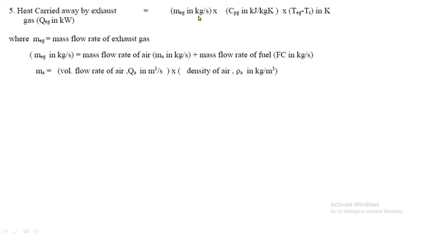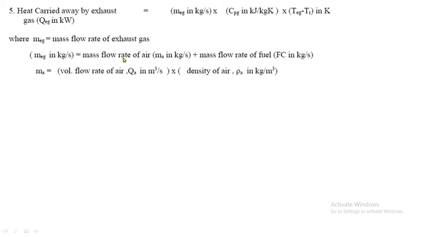The exhaust contains both fuel and air, since it is obtained after combustion of the air-fuel mixture, so we have to add the mass of air and the mass of fuel. The mass flow rate of exhaust gas is the mass flow rate of air plus the mass flow rate of fuel. The mass flow rate of fuel, fc in kg per second, we already calculated in the performance test, so it is known data.